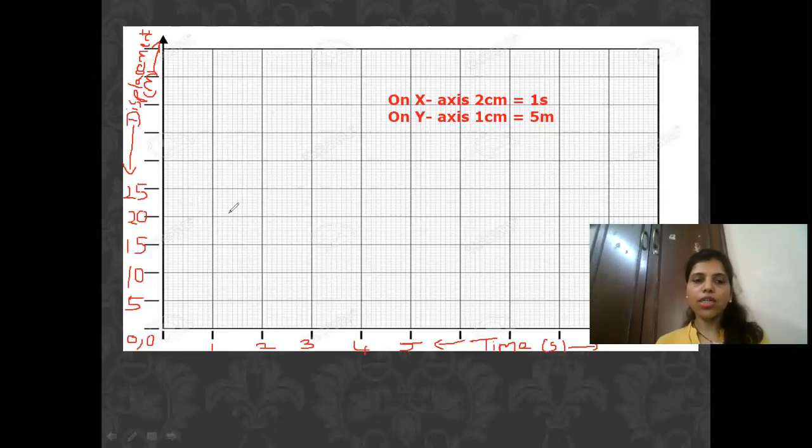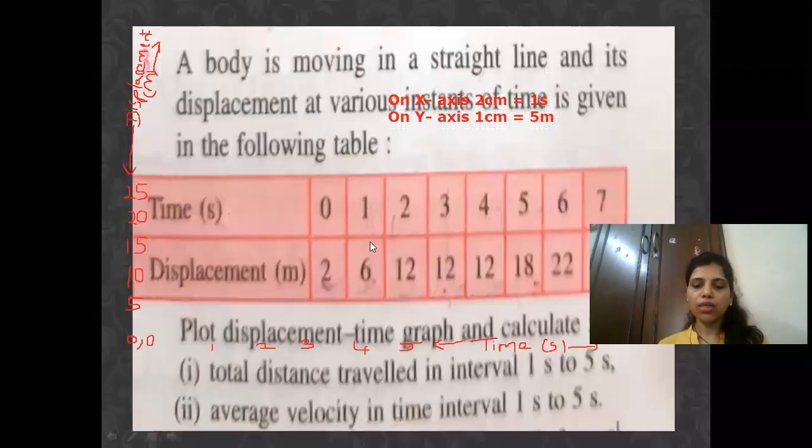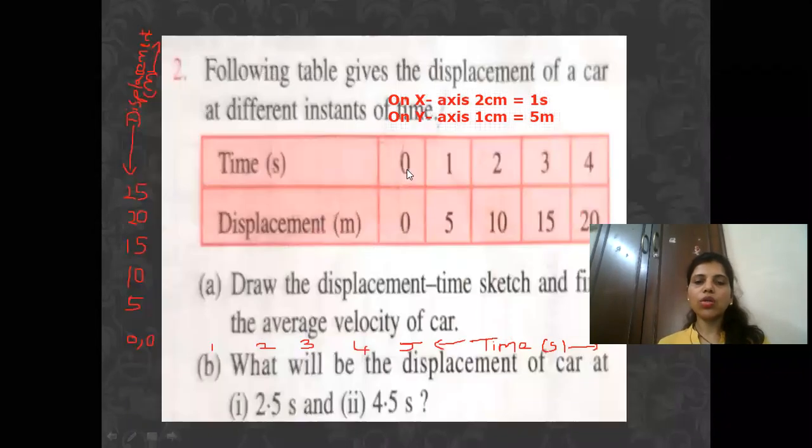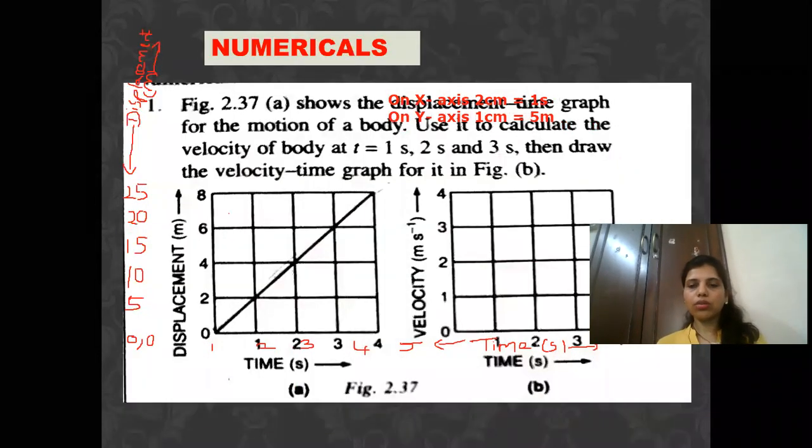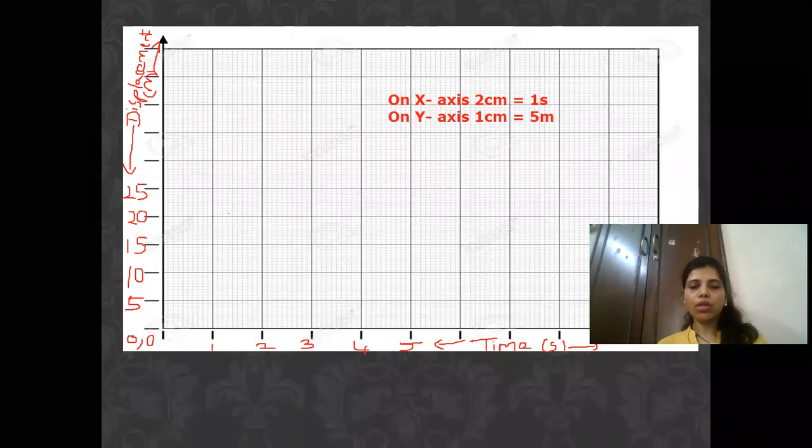Now if you see the reading, it's 0, 0, then 1, 5, 2, 10, 3, 15 and 4, 20. So now here I'm going to plot that.